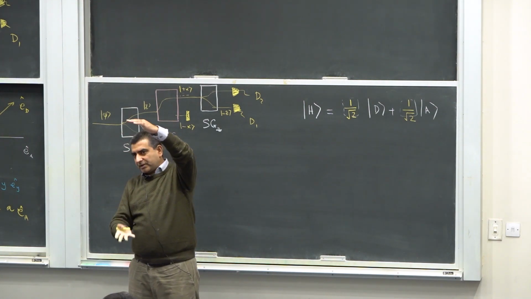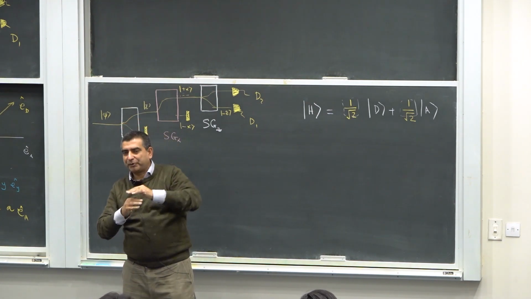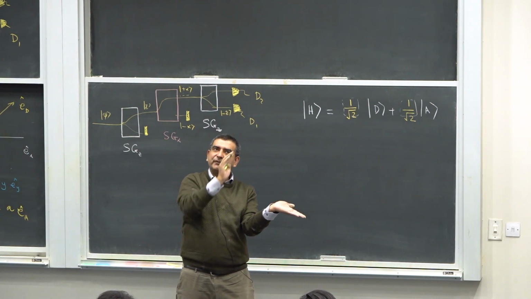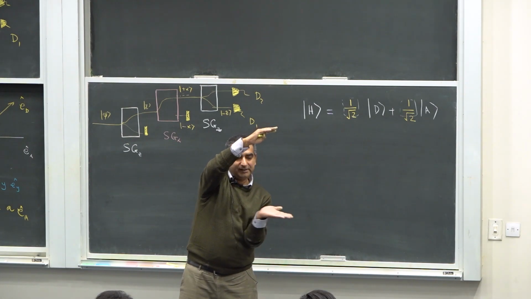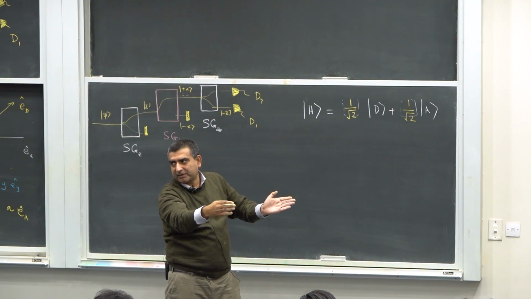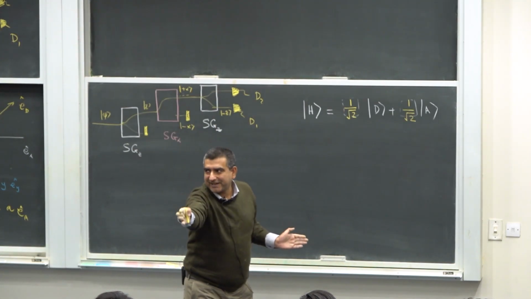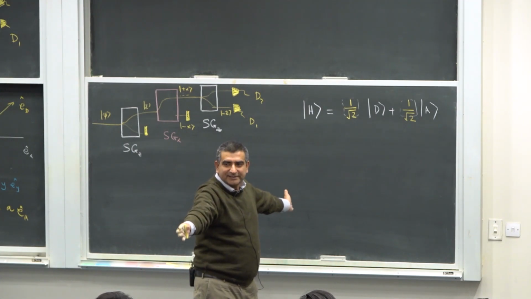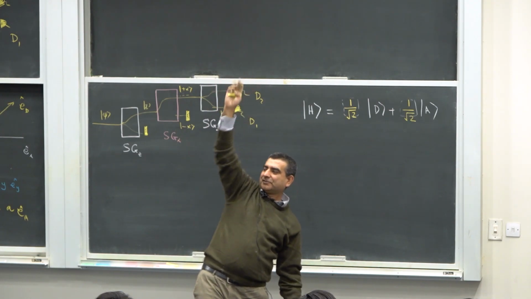A Stern-Gerlach apparatus, which is a magnet oriented vertically, will produce a beam that is vertically split. One of the output channels is pointing plus z, the spin is up, the other is spin down. This is an oriented Stern-Gerlach. One channel corresponds to spin in this direction, the other corresponds to spin in this direction. Because in this new basis, this is up and this is down. In the vertical basis, this is up and this is down.